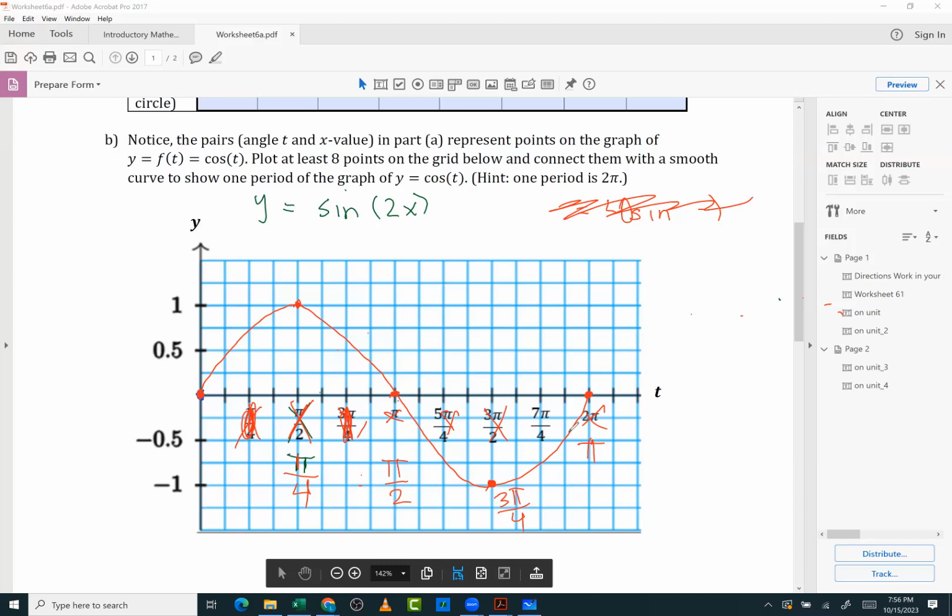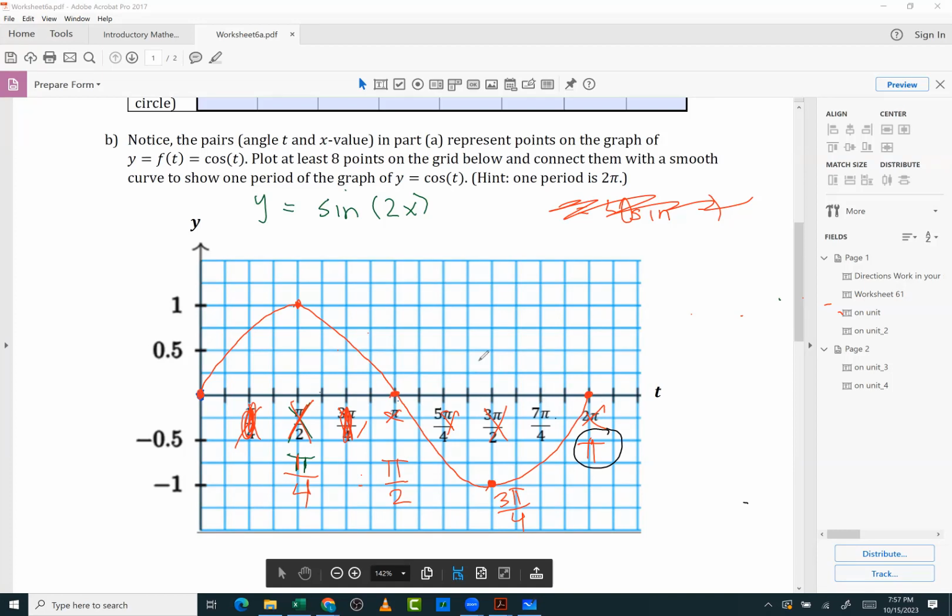Okay. Now here's what I'm going to do. I think I'm going to use black. So at pi over 4, this is the point. At pi over 2, this is the point. So we still have the same points. It still looks the same. But notice one cycle now is within pi, not within 2 pi. You see that?